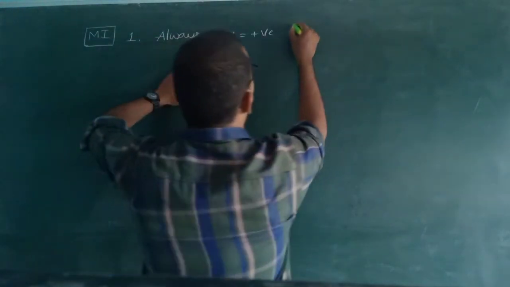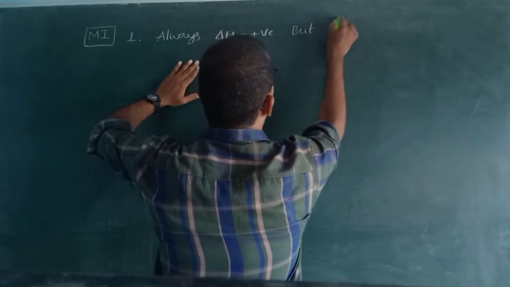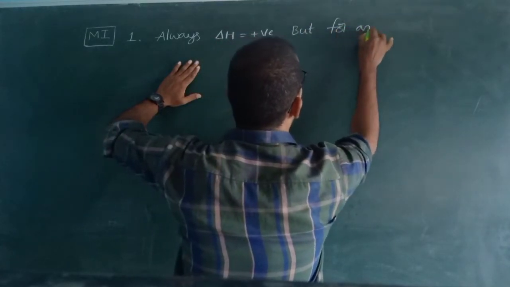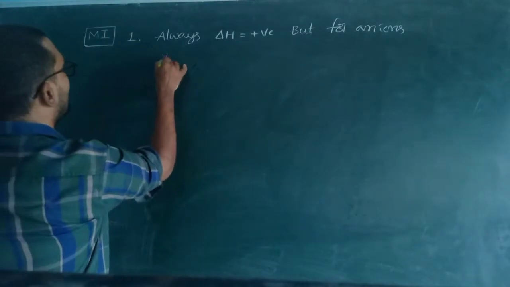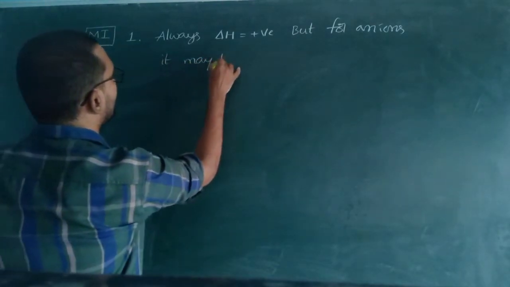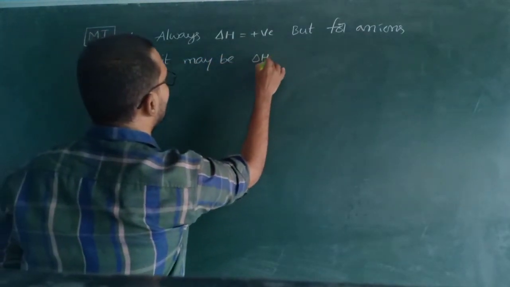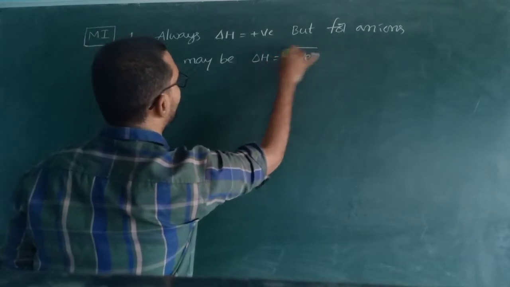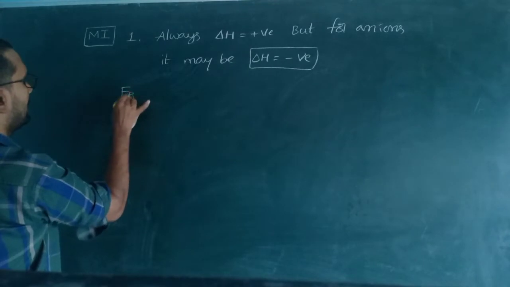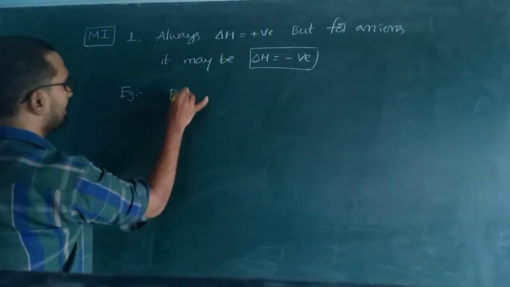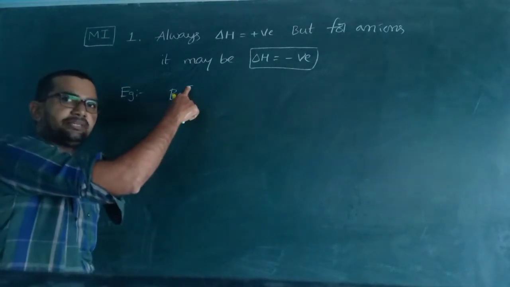But for anions, it may be that delta H is equal to negative. This is one of the exceptional cases. See the example: Be minus means anion, negative charge is present.